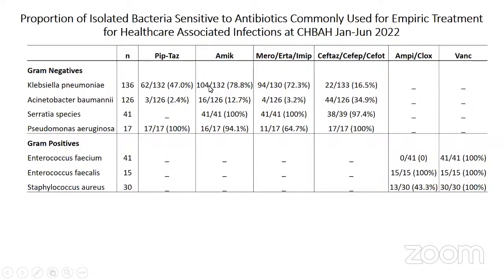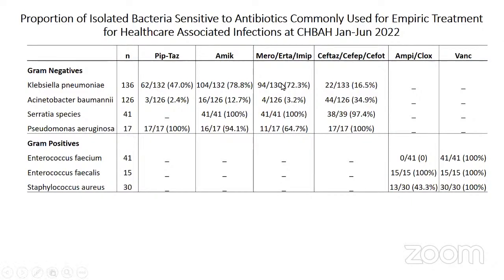Now, if you look at A. baumannii, only 2.4% are sensitive to piperacillin-tazobactam and 12% are sensitive to amikacin. So looking at these common pathogens in our setting, Klebsiella and A. baumannii, the piperacillin-tazobactam and amikacin that we're using is not adequate.